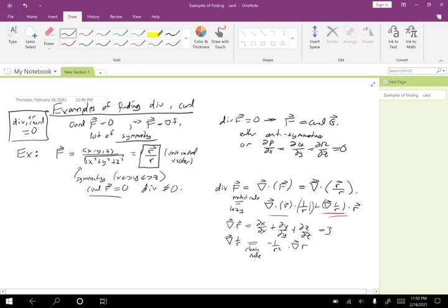And for the gradient of r, here's how I'll do this one. Well, it's the gradient of that square root, right? So let's just do the x part. It's the derivative in x of that square root. So surely that should just be x divided by that square root.